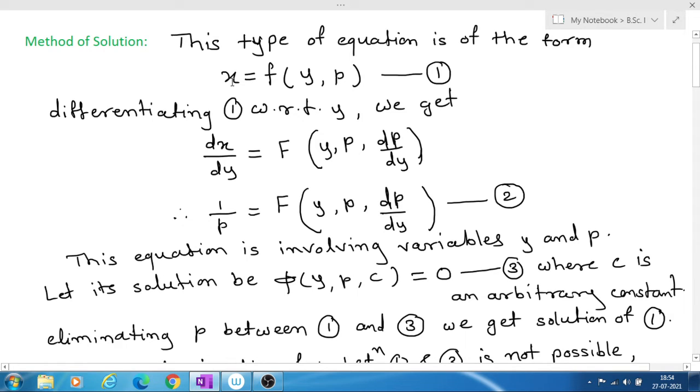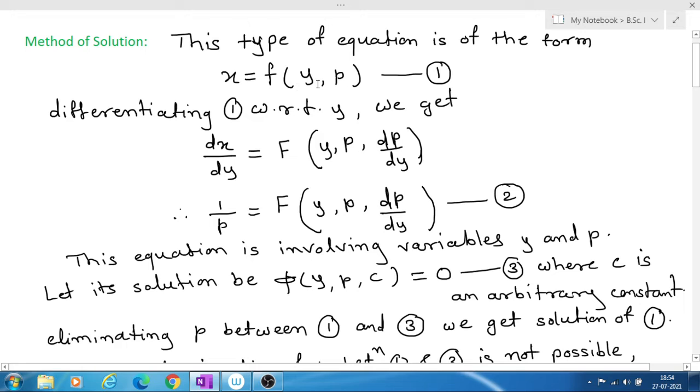Therefore derivative of x with respect to y is dx by dy. So whatever function on RHS, we differentiate it with respect to y.